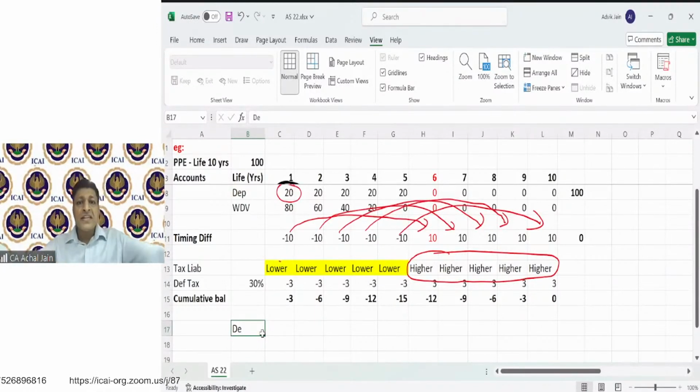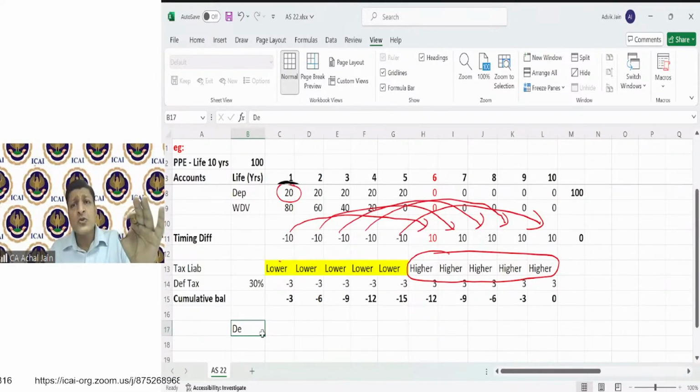That's the concern to most of us. So let's try to understand what is the methodology we need to follow in accounting of this deferred tax and to assess whether it will become an asset or a liability.